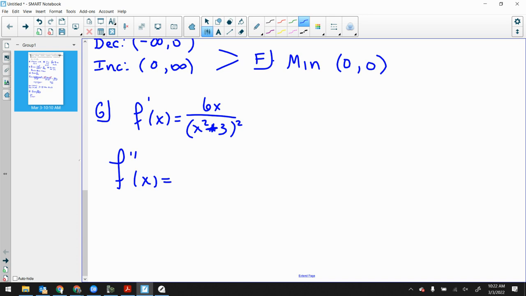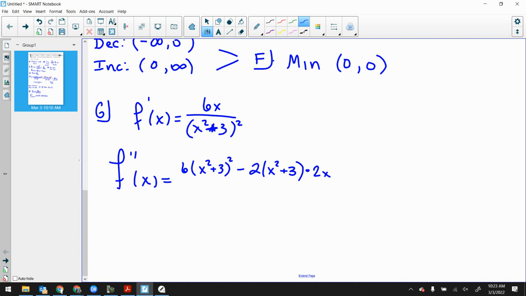So f prime is 6, and then we have x squared plus 3 squared. That's f prime g minus g prime. Now, g prime is going to be a little tricky here because I've got to use the chain rule. So g prime is going to be 2 times x squared plus 3, don't change the inner, to the first power, multiplied by 2x, because that's the derivative of the inner.